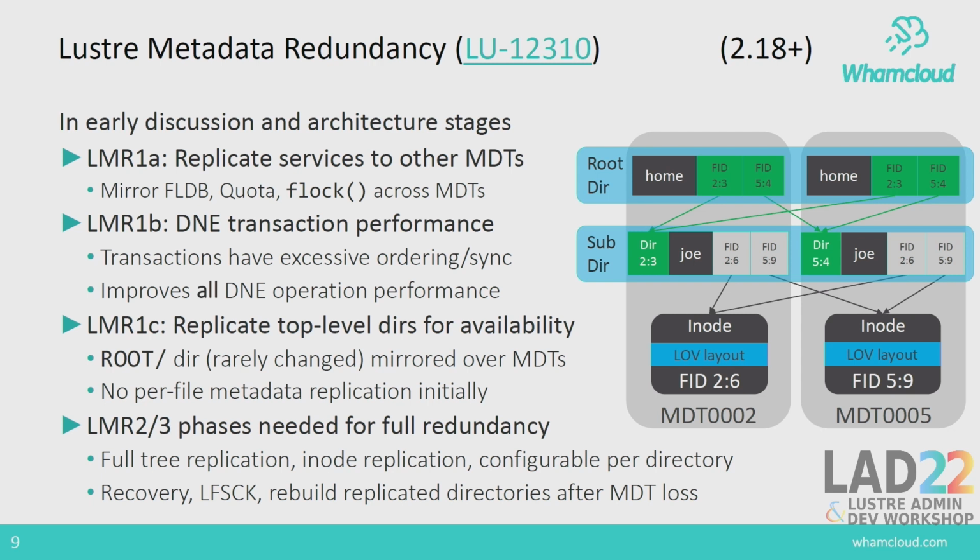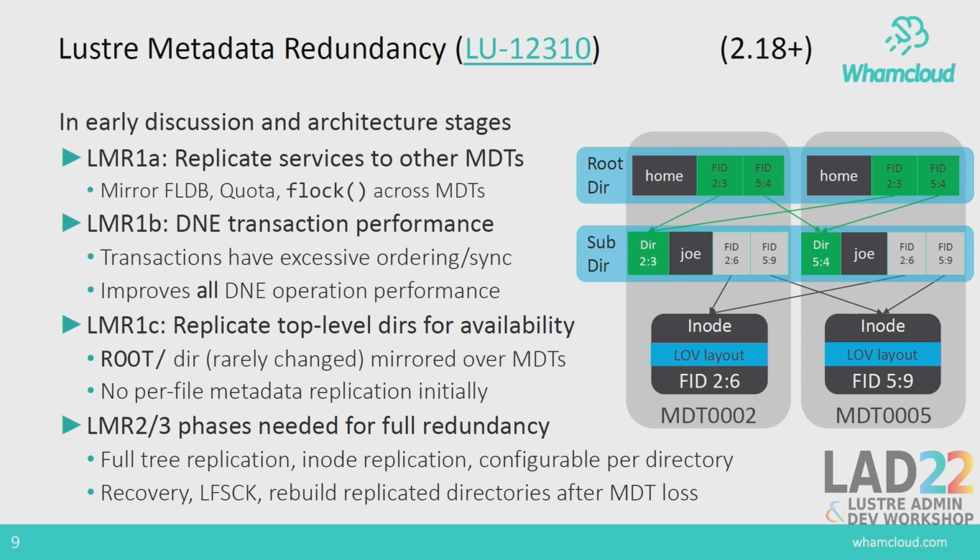Because the more D&E that we do with distributed transactions, the better the performance has to be so that it doesn't impact you badly. And once those things are done, we can start doing the 1C project, which would be starting to do mirroring of top level, like a root directory, so that you can access at least parts of the file system even if MDT0 is offline, right?